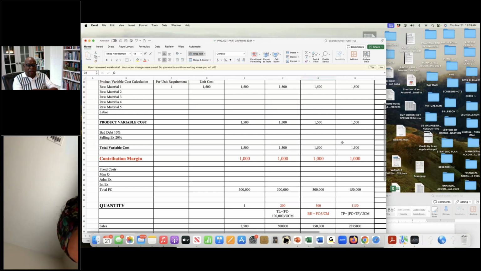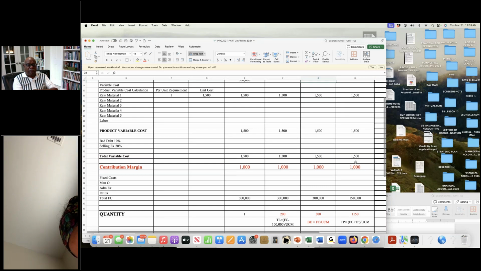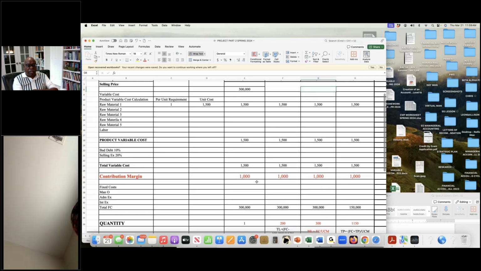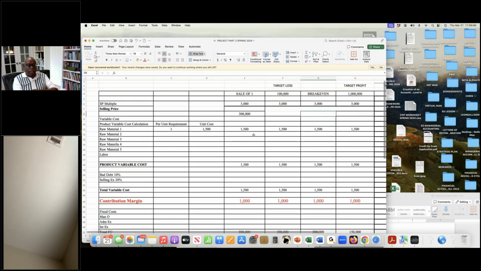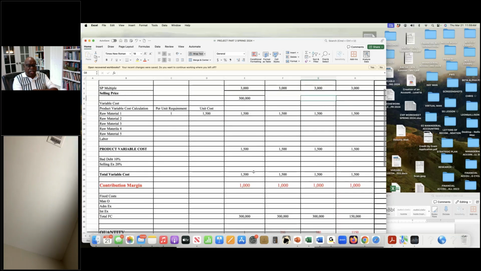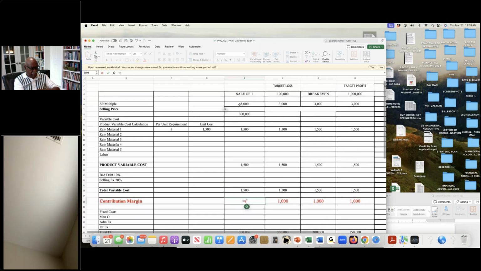And so now, what is our contribution margin going to be? It's going to be 3,000 less 1,500. So we need to get this number changed. So let's put an equal in. 3,000 minus 1,500.